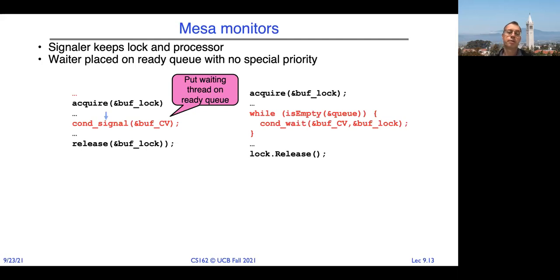It's ready to execute, and then you continue. Eventually, later when you are done, the operating system is going to schedule the thread which is now on the ready queue.